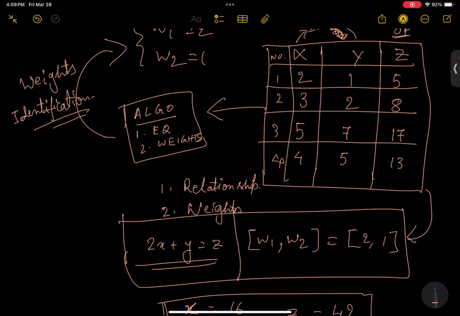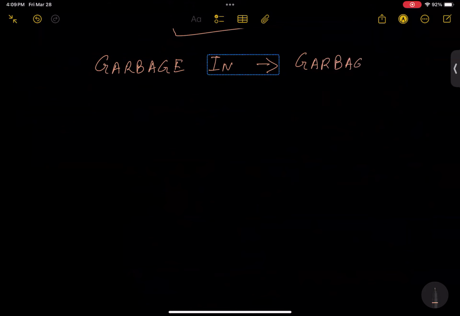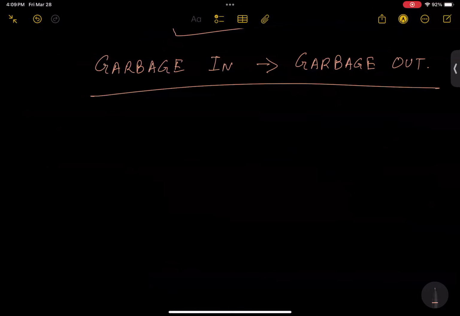That's why in machine learning, there is a famous saying: garbage in, garbage out.